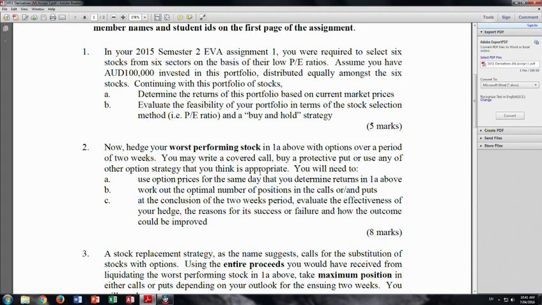Based on PE. How do you identify mispriced stocks based on PE? Can you? Okay, so you identified 6 stocks based on low PE.